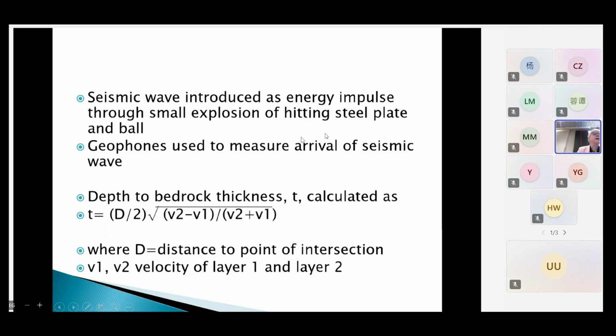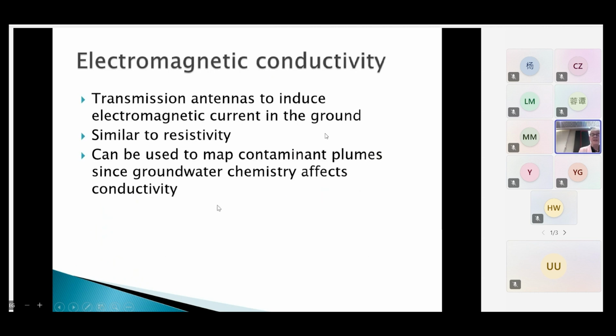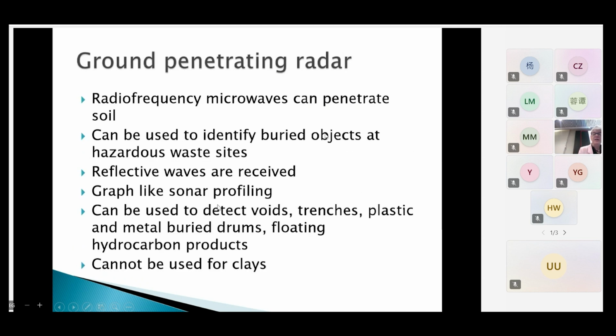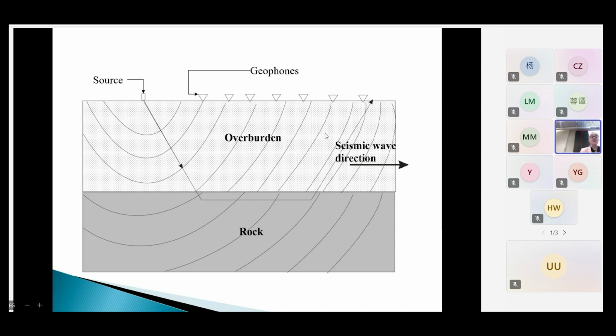Seismic waves are another way to look at it. Basically, you introduce an energy pulse into the soil and you get a reading. The advantage of this method is that it can give you an idea of how deep it is to the bedrock. The idea is you hit a metal source, like a hammer, and it creates waves.